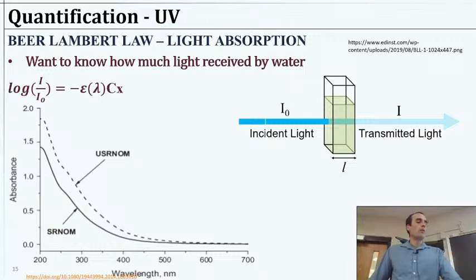And if you think of looking through a glass of water or into a lake or a river or something, first of all, you can see if it has a lot of particles in it. Particles are scattering the light. You just can't see through it hardly at all. That's like trying to look through a glass of milk, right? There's so many particles in the milk, it's just going to stop all the light.